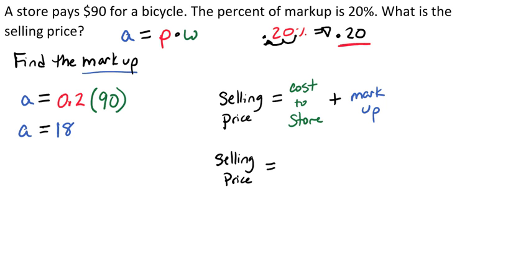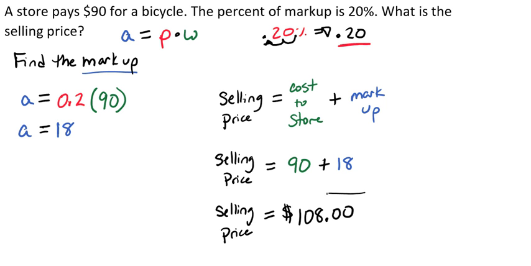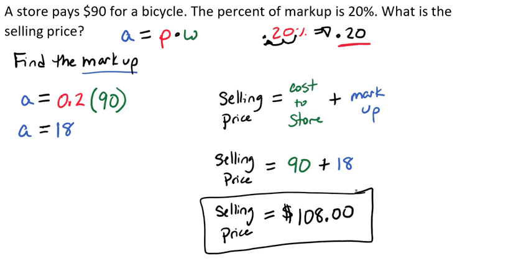We plug in our cost to the store, which was $90 for the bike, and add the $18 markup. Adding those together, we get a selling price of $108. And that is our solution.